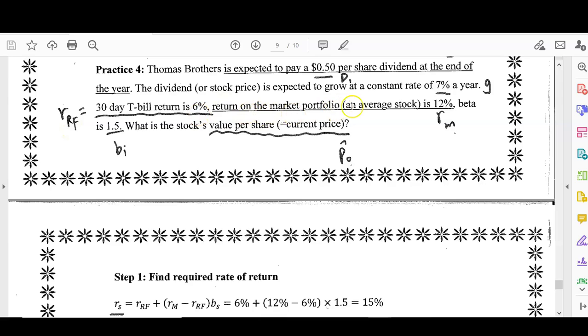Return on the market portfolio, as an average stock, RM, is 12%, and beta is 1.5. What is the stock value per share? Stock value per share is the same as stock price.